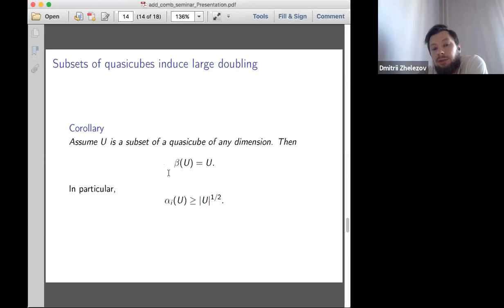And applying the Ruzsa inequality here, we end up with a very strong induced doubling inequality. So why is this strong? Just because this is one of the few cases where we do not depend on the ambient dimension.